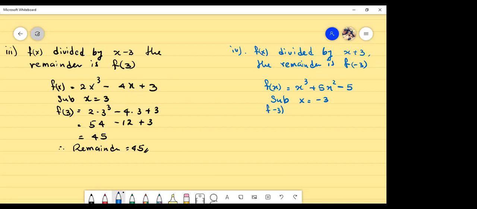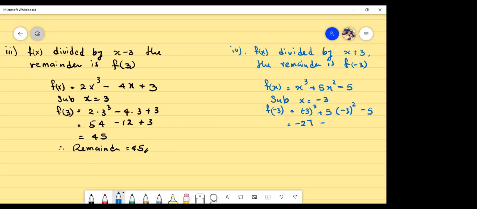Then f(minus 3) equals minus 3 cube, plus 5 times minus 3 squared, minus 5.